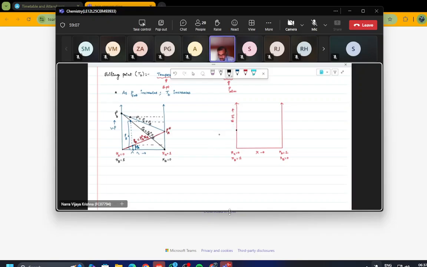So I call this point TB of B. Now I am writing here TB of A. Do you understand why I have written that? Because for all cases, I made an assumption: vapor pressure of B is more, which means its boiling point will be low. Correct? Now tell me what this line indicates.